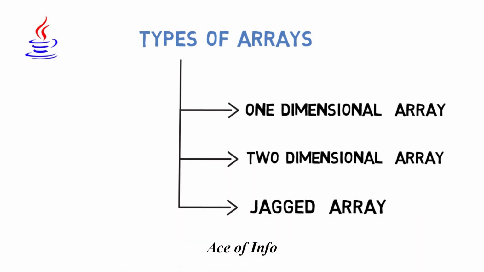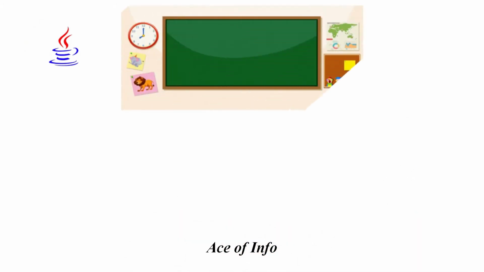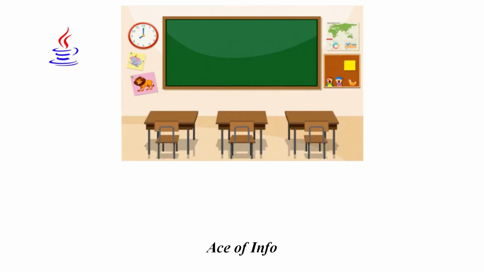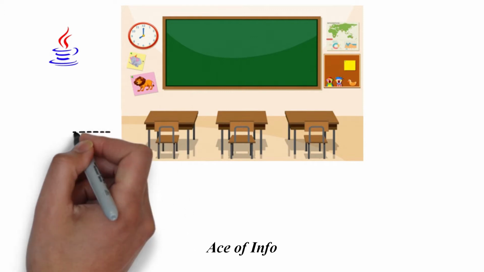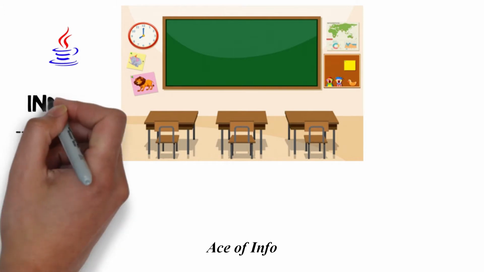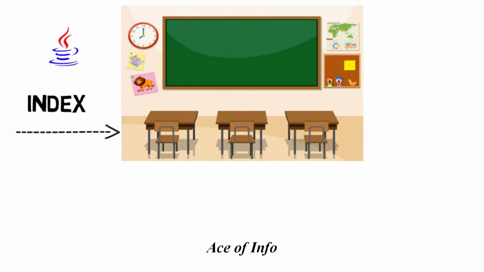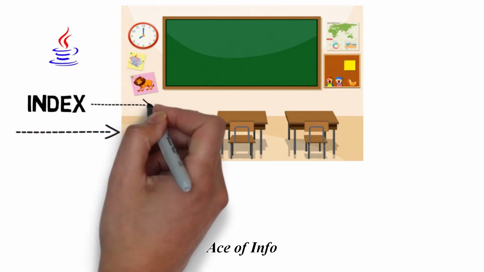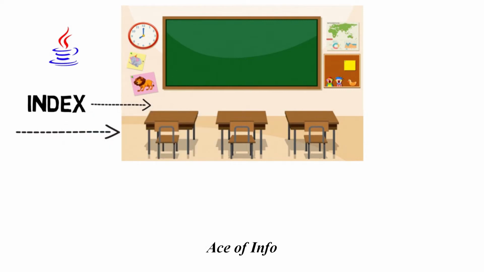To understand arrays, take an example of a school classroom. In the classroom, take a row of students. Each student is sitting one after another in a line. Now to identify each student, we give them an index. In arrays, we start indexing by 0. So the first student is in the position of 0 in the array.